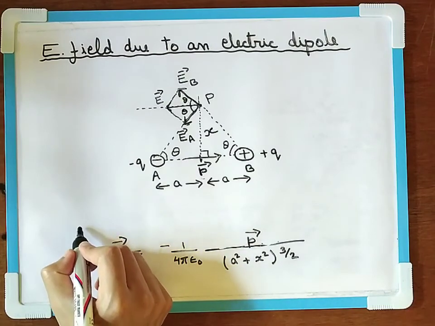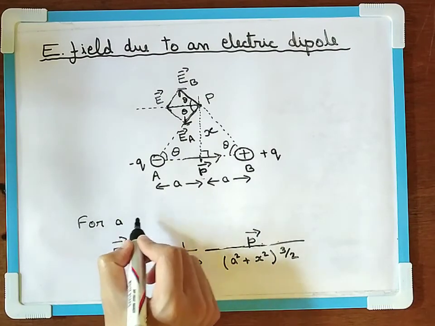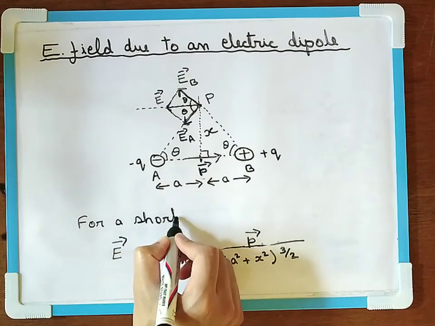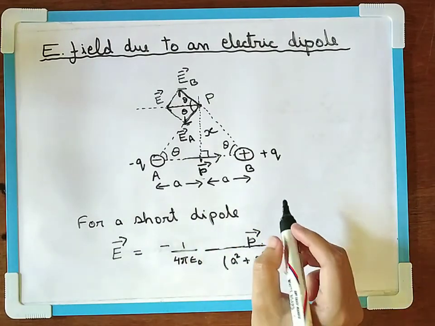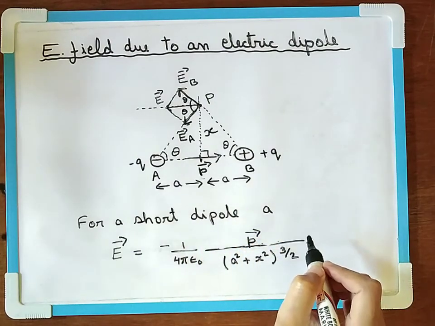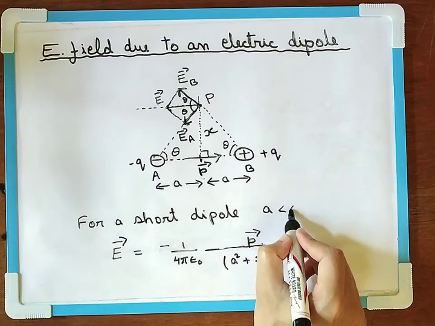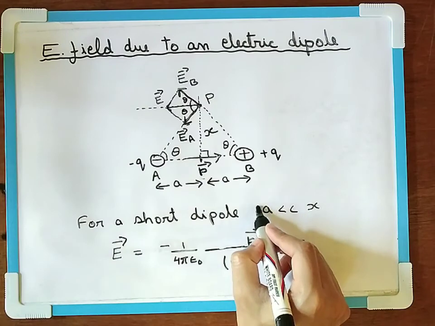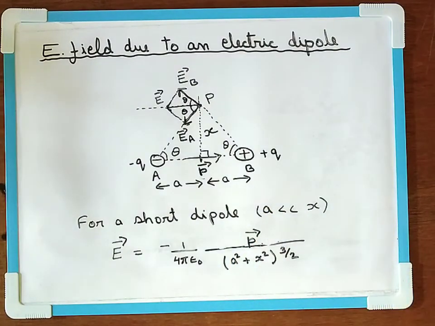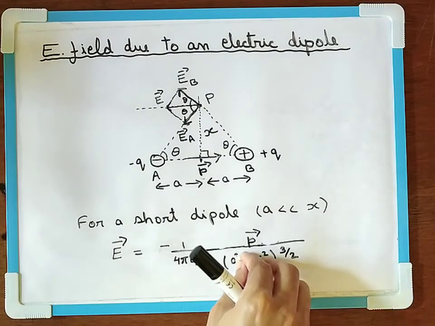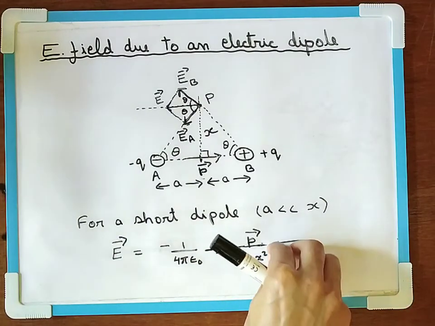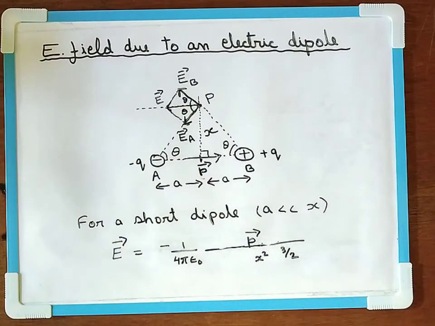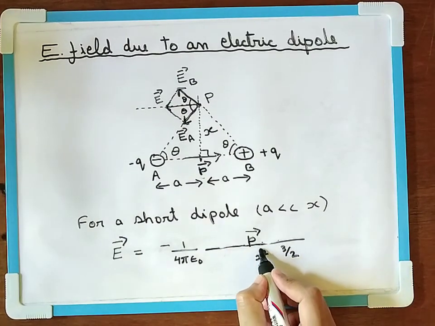So for a short dipole, your a, the dipole length, is very small as compared to the distance x. This is only for a short dipole. So we can neglect a in this expression. So we'll neglect this a square in the expression. So what we'll have is just x square to the power 3 by 2. So here x square, then we have 3 by 2, so 2 and 2 cancel.